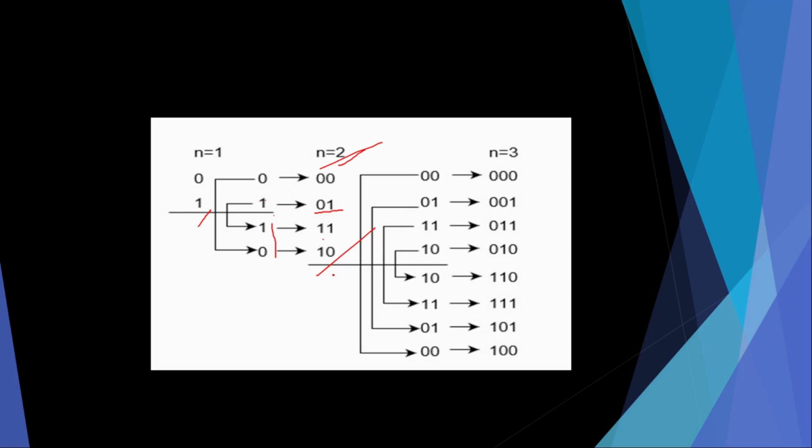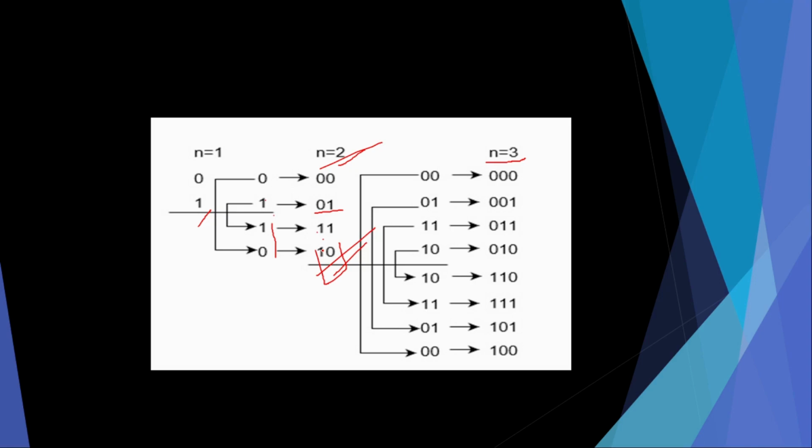And you need to consider these values to create the values for n equal to 3. So these 4 values are the base to generate the code for n equal to 3 bits. First of all, write down these four values as they are. Afterwards, you need to reverse this. Take this last column and reverse it: 0, 1, 1, 0.